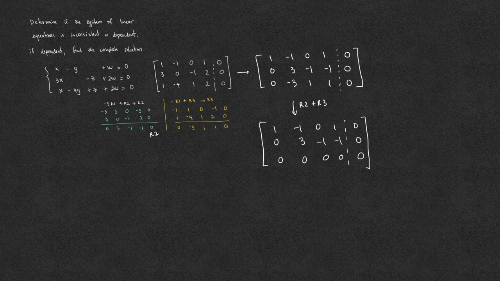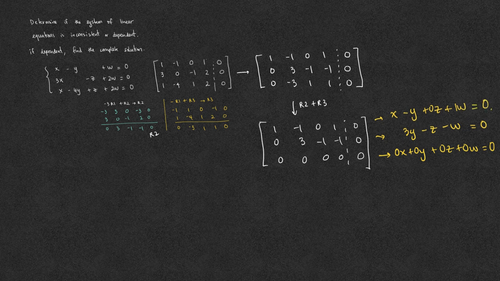The third row or the last row in the matrix states that 0x plus 0y plus 0z plus 0w equals 0. The second equation states that 0x plus 3y minus z minus w equals 0. And the first equation states that this is 1x minus y plus 0z plus 1w equals 0.